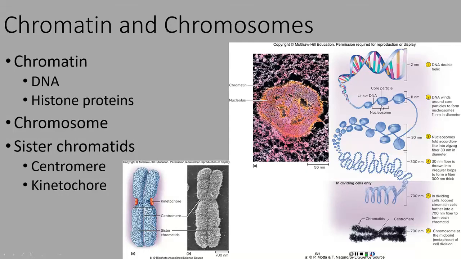And histone proteins is what we see right here in this image. Histone proteins are a few proteins linked together, and then DNA is wrapped around it and chemically bound to those histone proteins. So why would we want to do that?